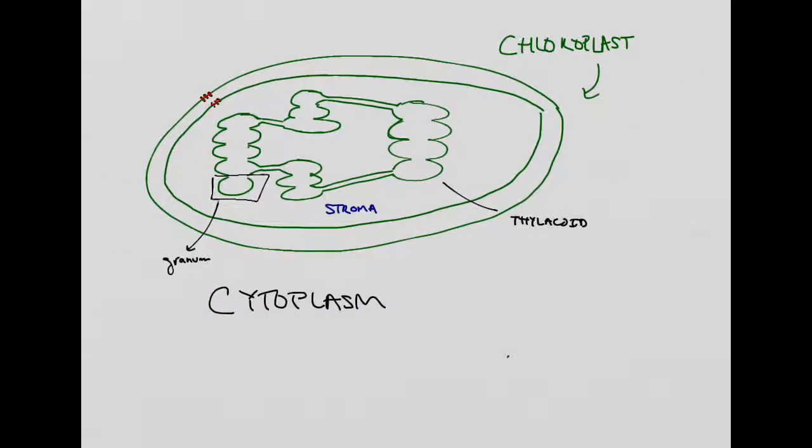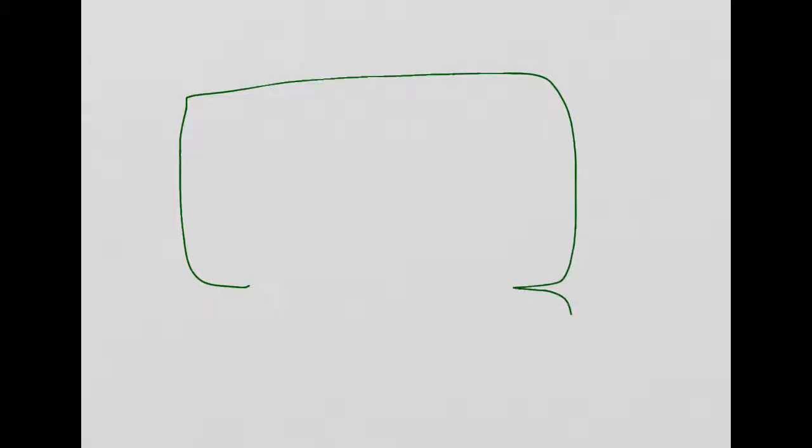So I'm going to jump over to another page and draw a picture of one granum right here. Okay, so I've created a granum here, and again for context, this is the stroma outside, and this is the inner thylakoid space, or also called the inner thylakoid membrane.